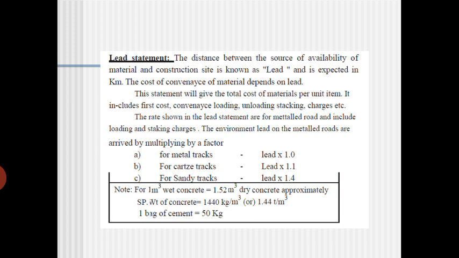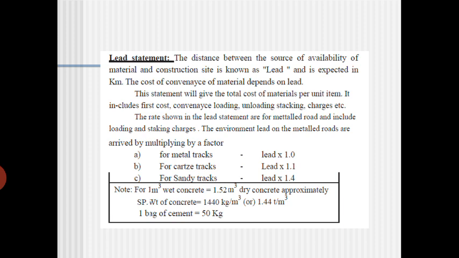Normally it depends on the type of road we are supplying on. Suppose you are supplying on a metalled road, so what will be the price? That is totally different, because the friction coefficient is totally different, and so is the fuel consumption, compared to a normal tar road.